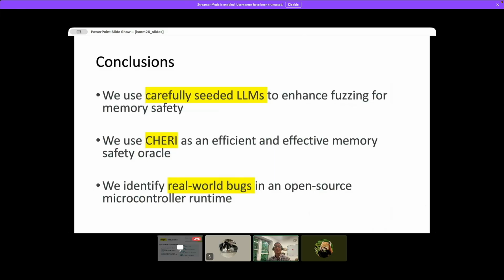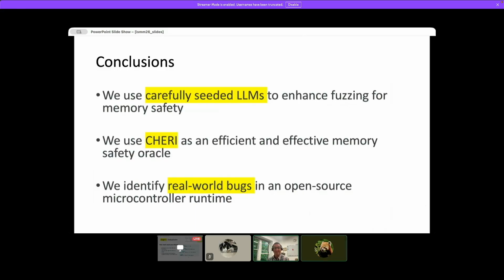Let me conclude by saying that this work carefully seeds large language models to generate a corpus of Python programs that is likely to expose memory safety bugs in an interpreter. CHERI is our efficient and effective memory safety oracle.